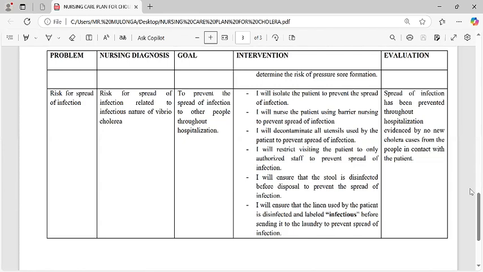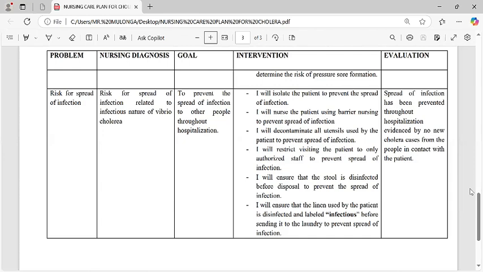So remember, only the authorized staff will be allowed to go and visit the patient. By authorized, we mean only those medical staff. So the isolation center has specific people that are assigned to be there, and those are the only ones who have to be allowed to enter. Other point is I will ensure that the stool is disinfected before disposal to prevent the spread of infection.